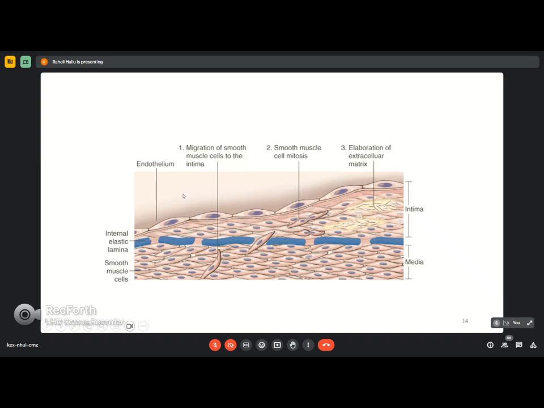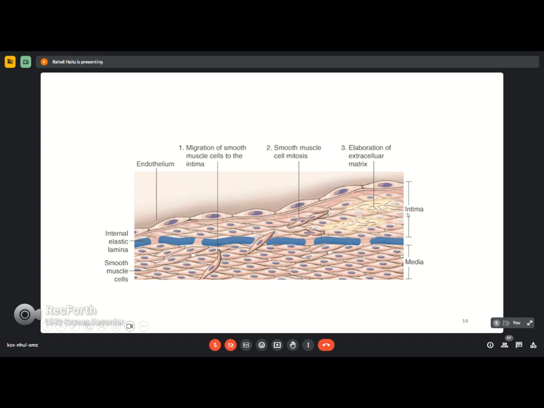At the same time, the endothelium also releases cytokines and growth factors that signal the smooth muscle cells. So you have proliferating smooth muscle cells. Whenever endothelial permeability increases, there is a migration of smooth muscle cells into the intima from the media.